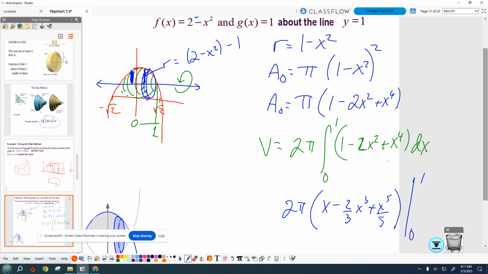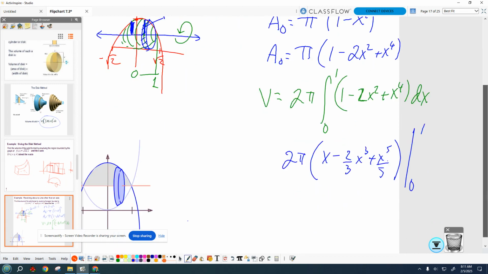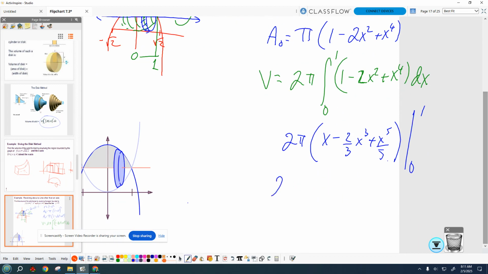Isn't it the top curve minus the bottom curve? Top curve is 2 minus x squared, minus the bottom, it's not a curve, but a straight line, minus this height of 1. So 1 minus 2/3 plus 1/5. And then times this.